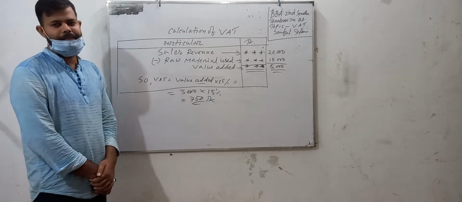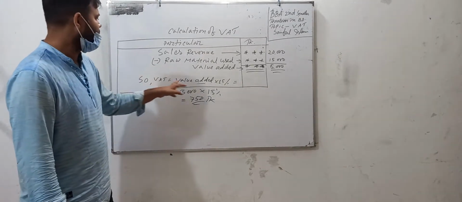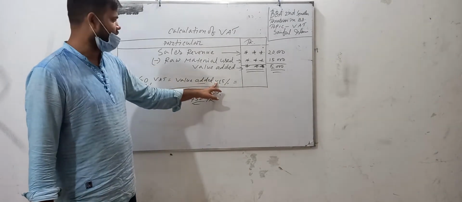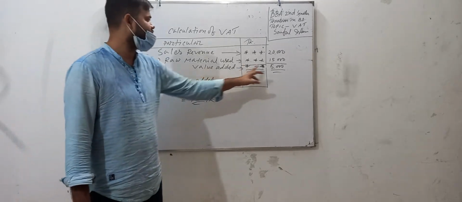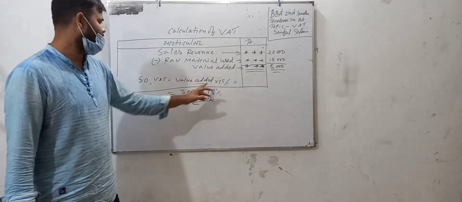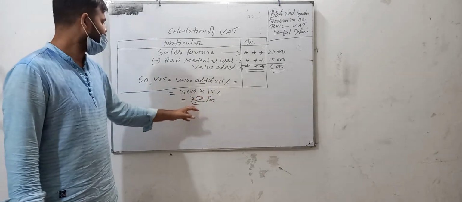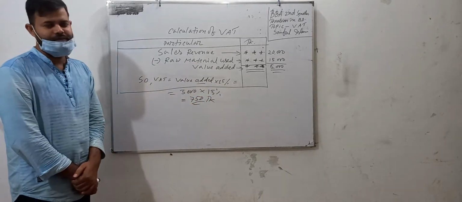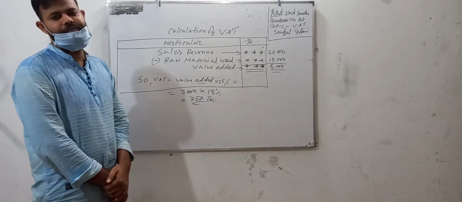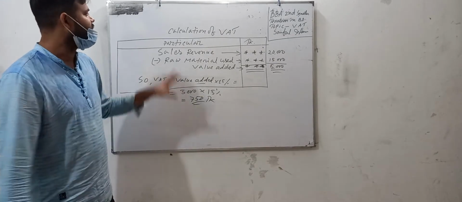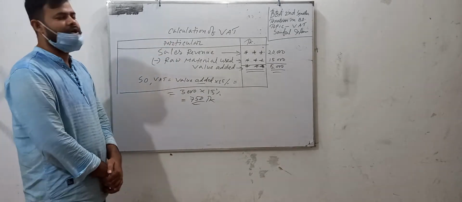Now calculation of VAT: value added into 15%. That means here value added is 5,000 and VAT is 15%. So total VAT will be 750 taka. This is the formula of calculation of VAT.